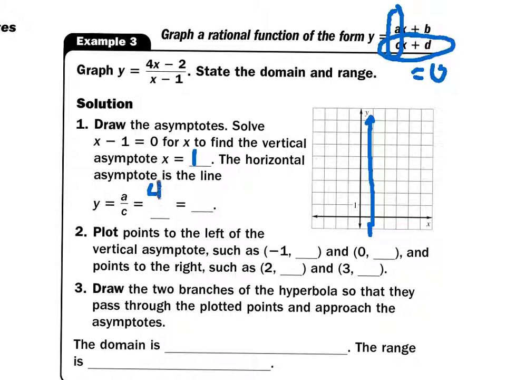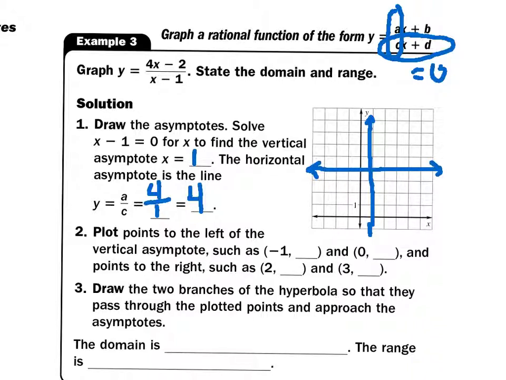And so that's a fraction 4 over, well, we don't have a c there, so we need to assume it's 1. So that equals 4. So if I count up to 4 on my y, 1, 2, 3, 4, and I draw a horizontal line, there are my asymptotes.